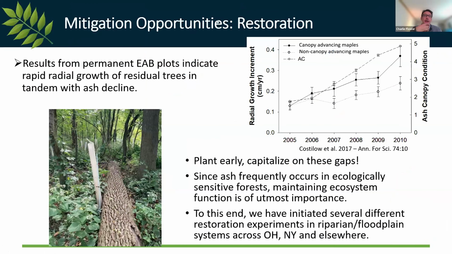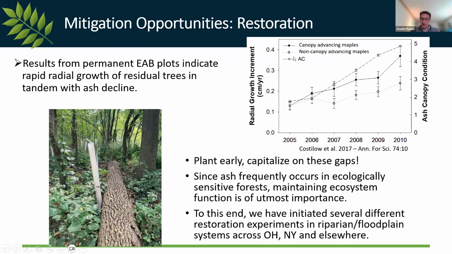So another tool that managers need to be aware of and utilize, and obviously folks are doing a great job at this all over the place, is restoration, right? Results from our permanent EAB plots indicate that there's really rapid radial growth of residual trees in tandem with ash decline.